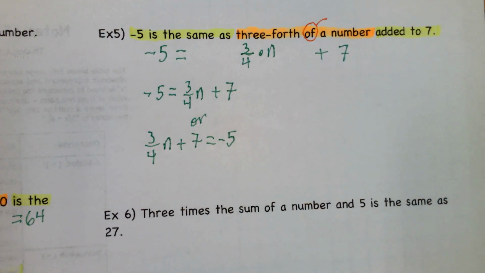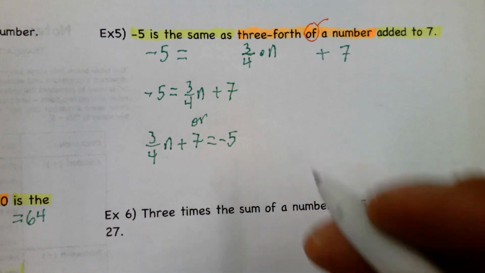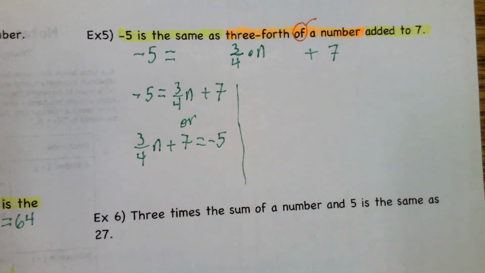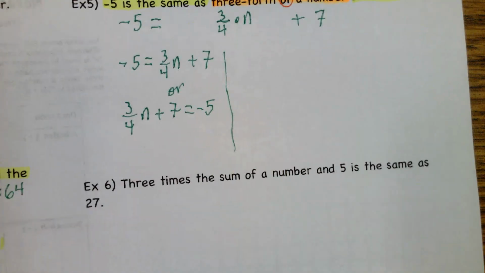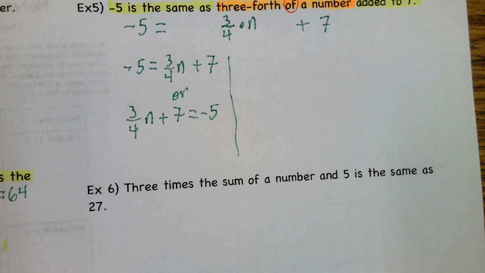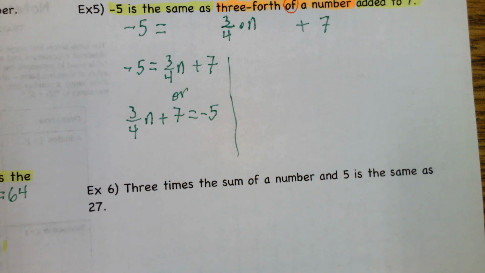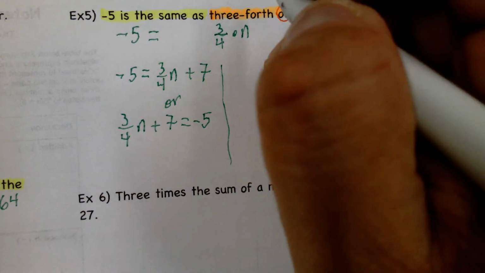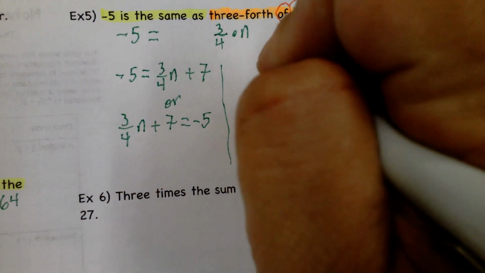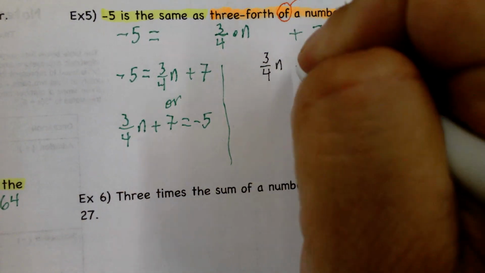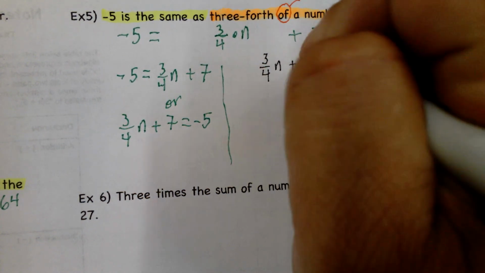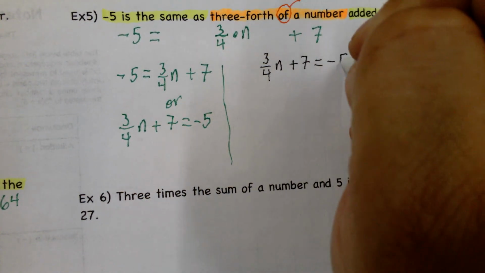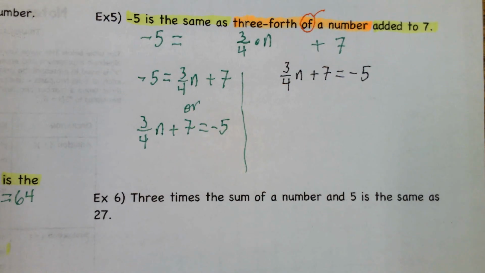Okay. So what I'm going to do is, these three that we have, 5, 6, and 7, let's solve them. So I'm going to solve this one for practice. 3/4 n plus 7 equals -5. Okay, let's solve it. And we have a fractional coefficient.